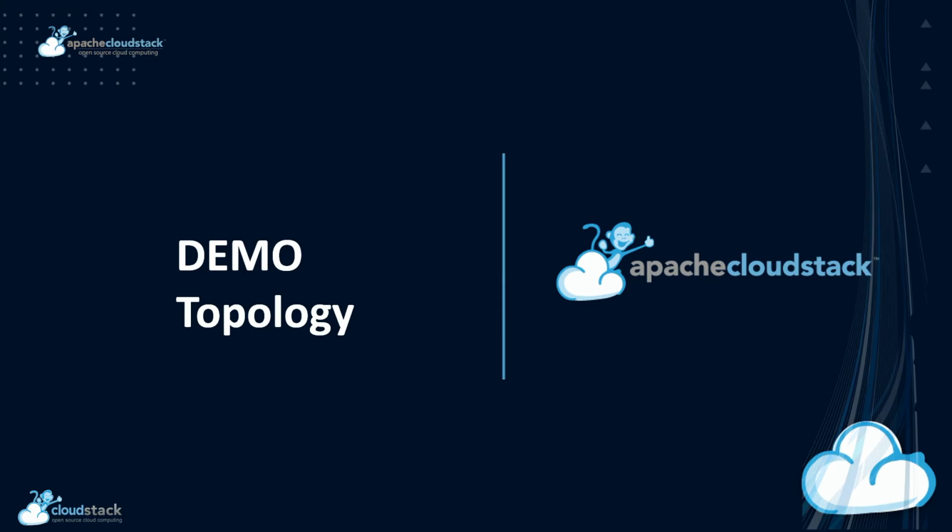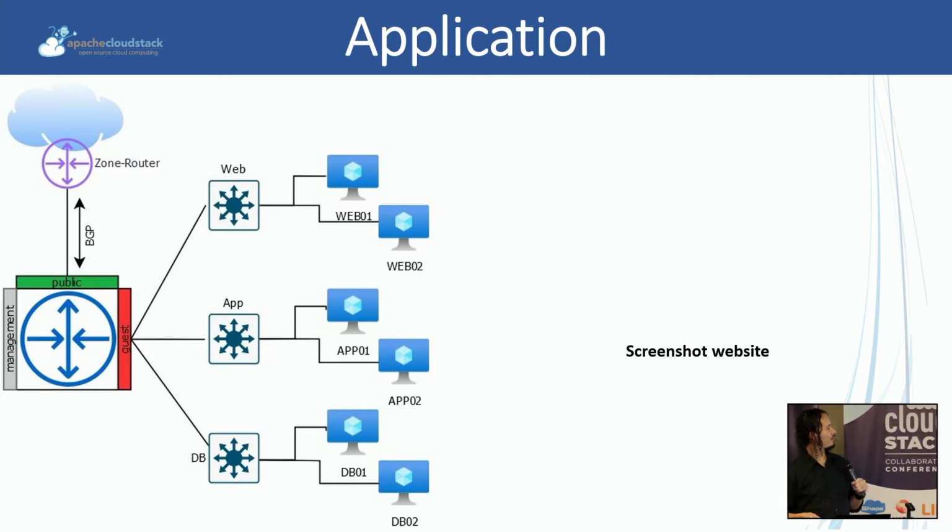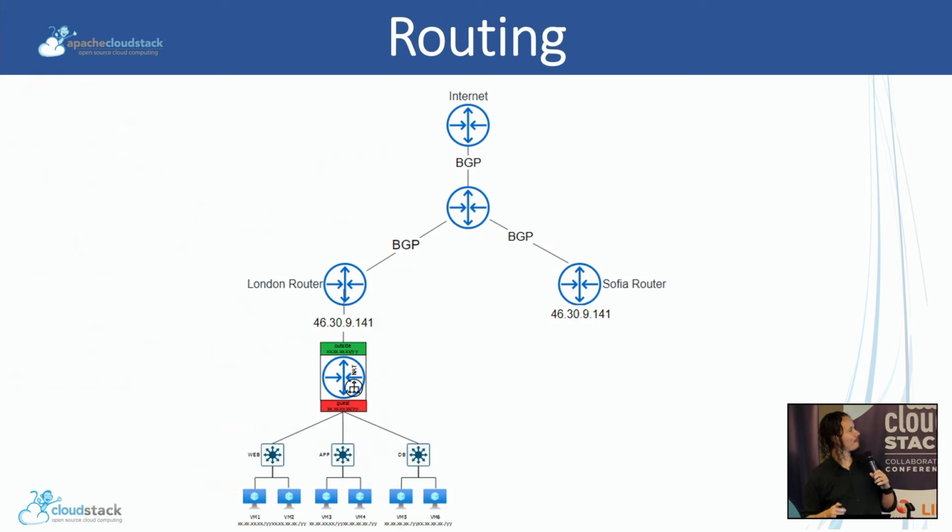And let's see my topology. I have a 3-tier VPC. Of course, I forgot to place the screenshot there, but you guys already saw it. And I built this. We have a range of public IPs. I peer upstream with my ISP.